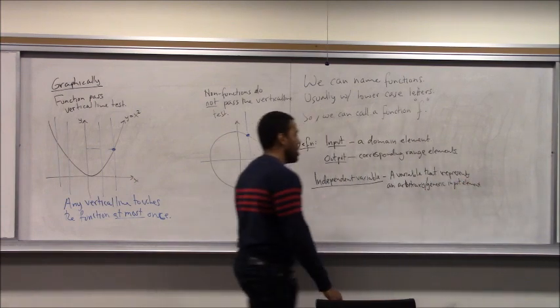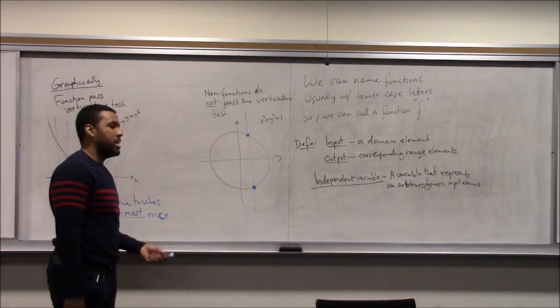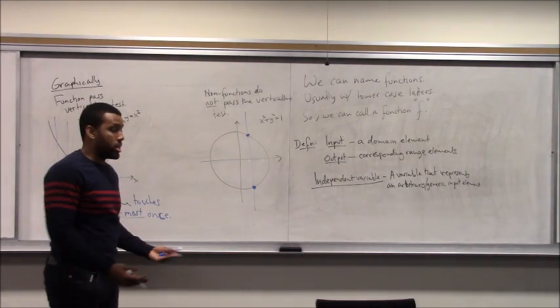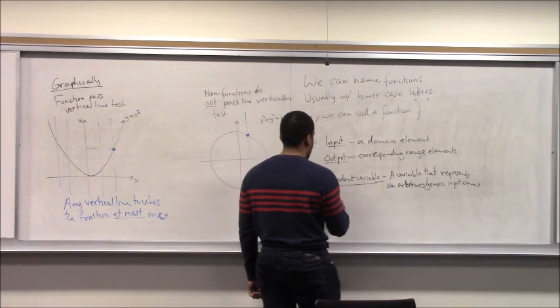So if you want to say something about all the input elements, but you don't want to say it about all of them at the same time, you just want to say, if you take any input element, this will be true, you can use an independent variable to describe that. A dependent variable does the same for the output elements.